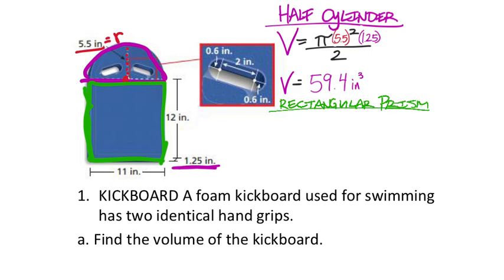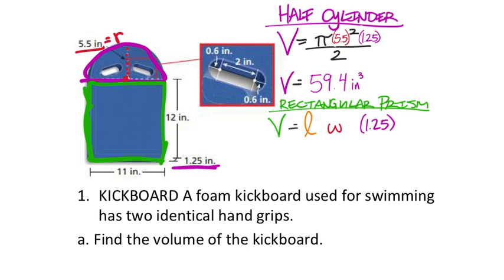Since that's what I want, it's just length times width times height, because it's rectangular. Length times width is the area of the rectangle, then the height is just the depth of this thing. And we already know the depth, by the way. The height, I'm going to say, is 1.25 there. So I'll replace that right now.